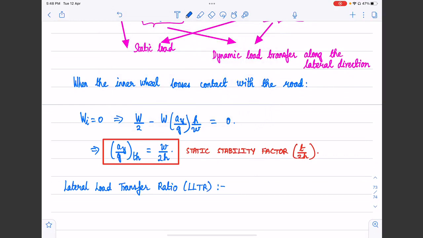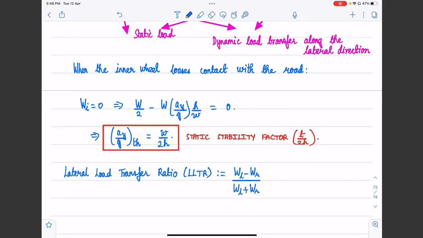Suppose we can calculate the normal load on the left and right wheels, we can calculate the lateral load transfer ratio as WL minus WR divided by WL plus WR. We can immediately see that this ratio is going to be from -1 to +1.